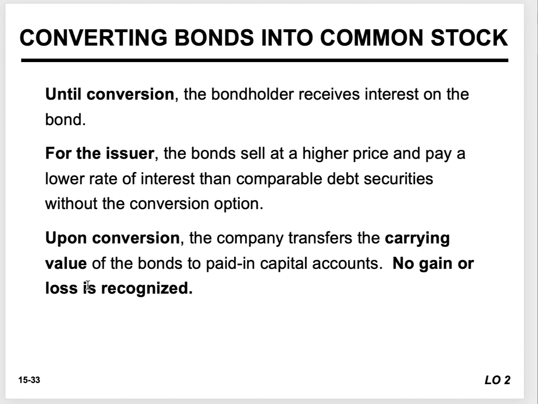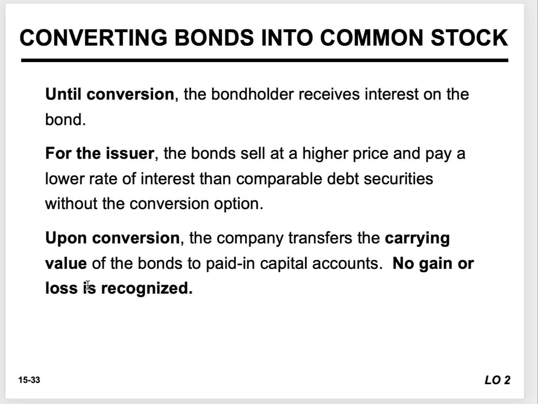Converting to common stock. Pretty easy to do. Keep in mind that this is the right of the investor, or the bondholder, to convert. Until that conversion happens, the bondholders are going to receive interest on the bond. Again, as the issuer, the bond is going to sell at a higher price and pay a lower interest rate than comparable debt securities.